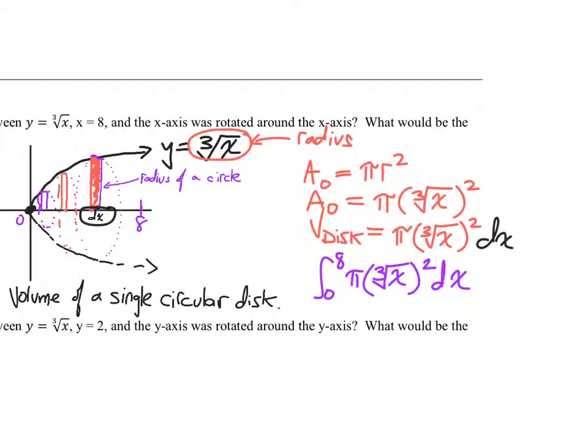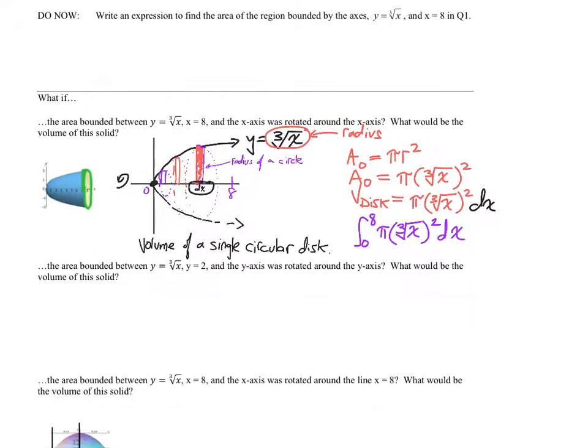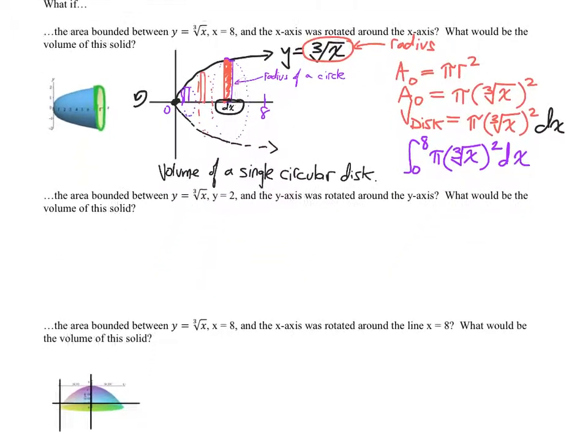All right. So, disk method, pi r squared. Your only challenge, and it's not an insignificant challenge, is to figure out what the r is. Once you do that, you don't have a problem. All right. So, we're going to take the same figure and spin it around the y-axis. All right, so quick sketch.